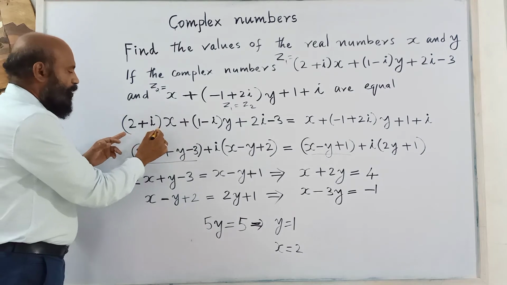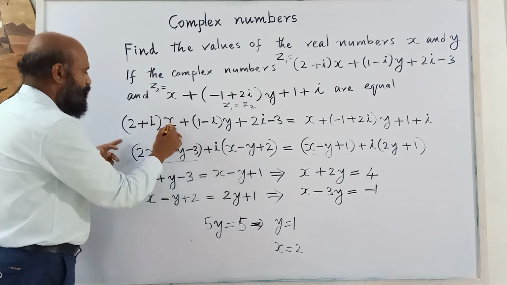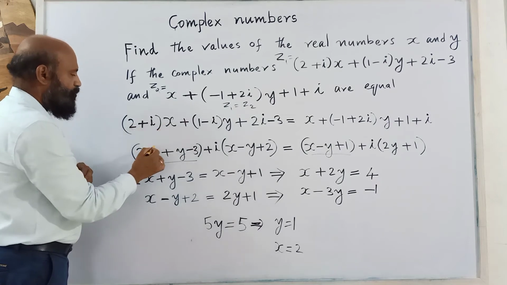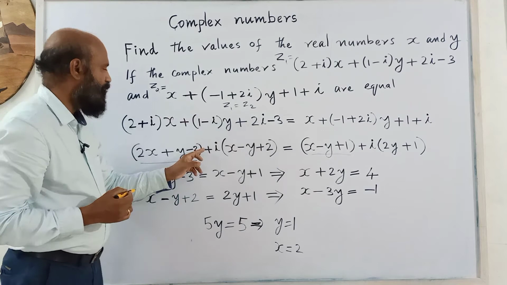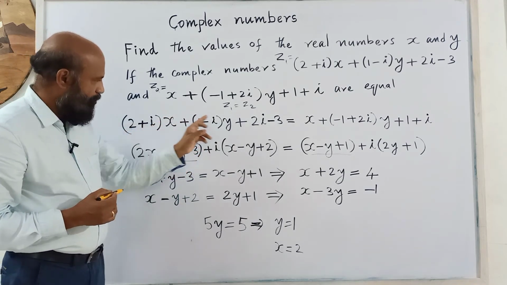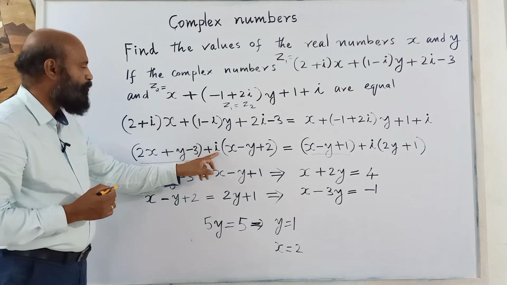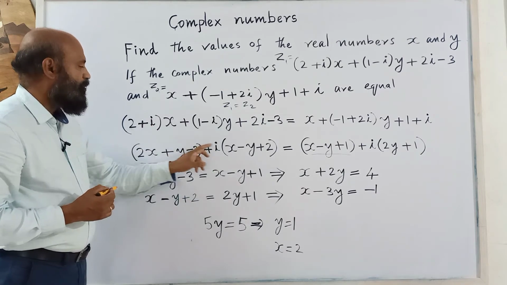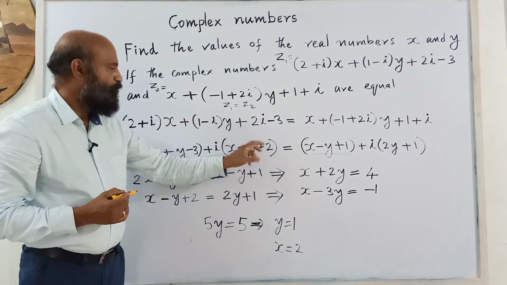So this is the first complex number, second complex number. Then you write the real part separately. Here 2x plus y minus 3, that means terms without i. Next you collect all the terms with i common, you take it outside: i, x minus y plus 2.